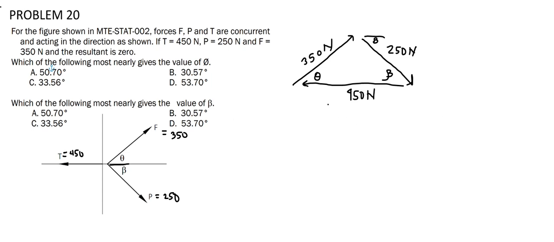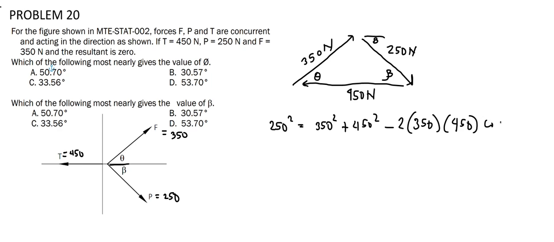So to solve for angle theta, we will let 250 be equal to c. So that's 250 squared equal to our A and B, that is 350 newton squared plus 450 newton squared, minus twice the product of the other two sides, that's 350 times 450, multiplied by cosine of theta.